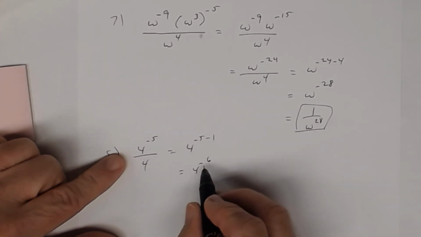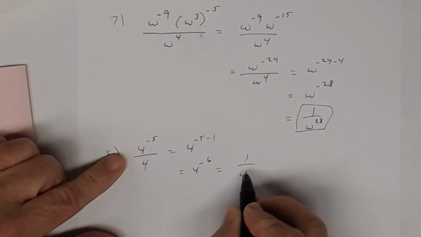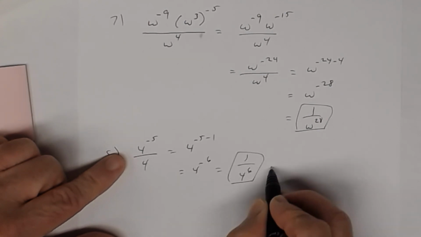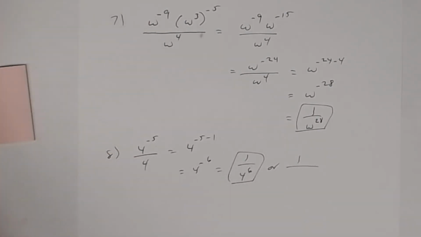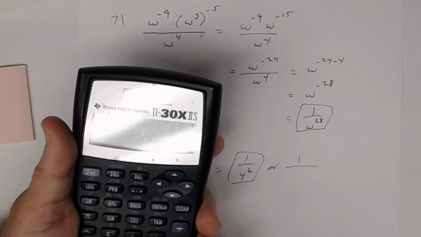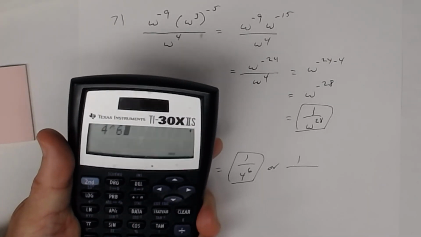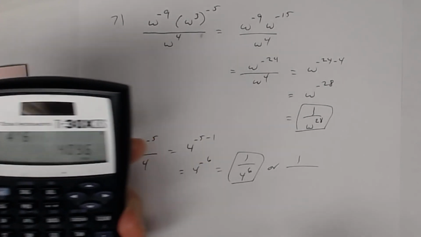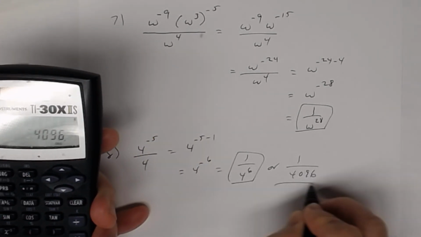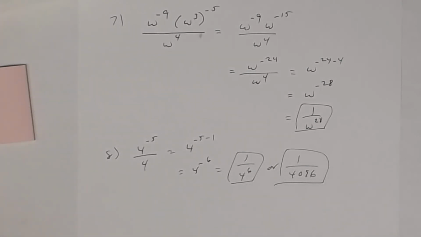And then making that a positive exponent, you get 1 divided by 4 to the 6th. You can leave it like this. Or you can actually figure out what 4 to the 6th is on your calculator. So 4 raised to the 6th power gives us 4,096. All right, so that's number 8.